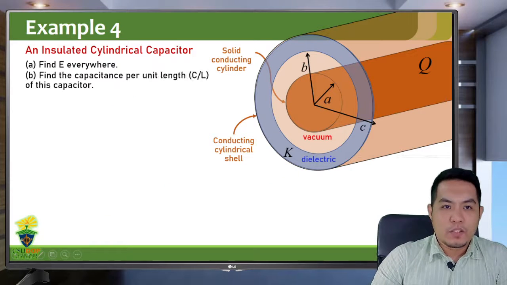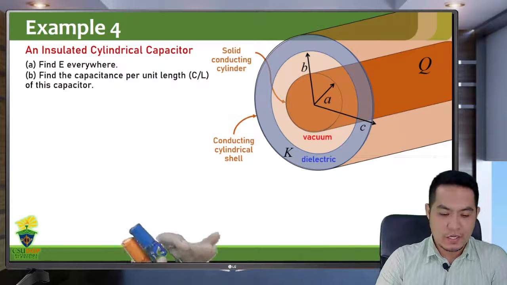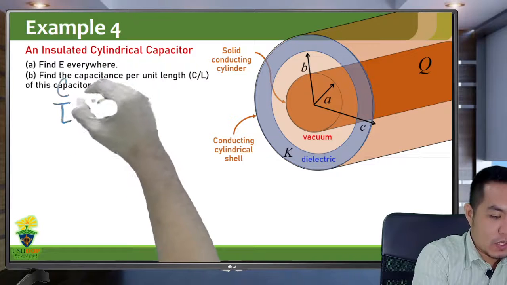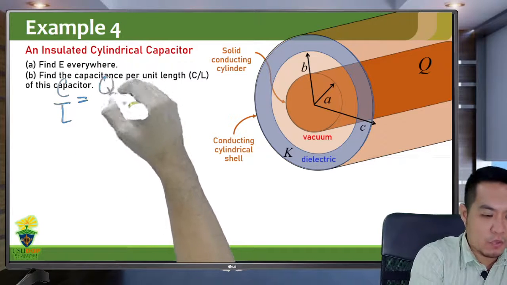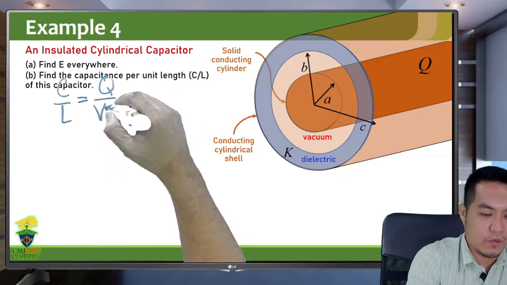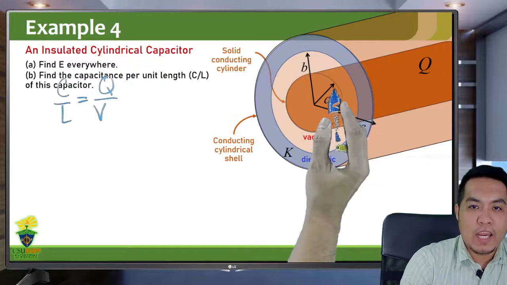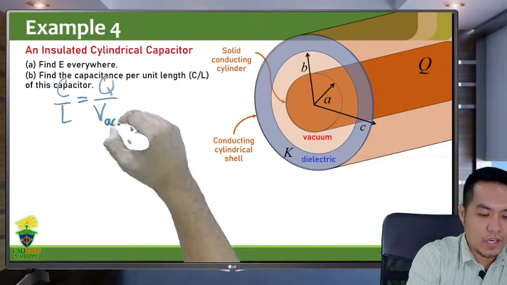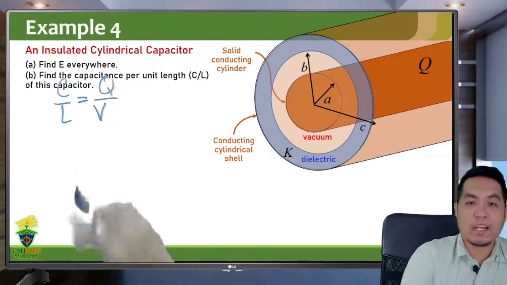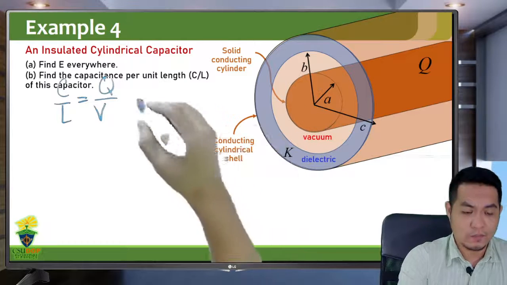For the second question, we are asked to find the capacitance per unit length of this capacitor. So the term capacitance per unit length, since capacitance is just Q over the potential difference V, in this case, the potential difference between A and C, VAC. Actually, we can start from just B, because we will be measuring from here, from 0.